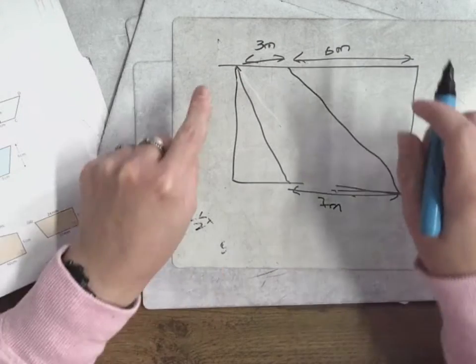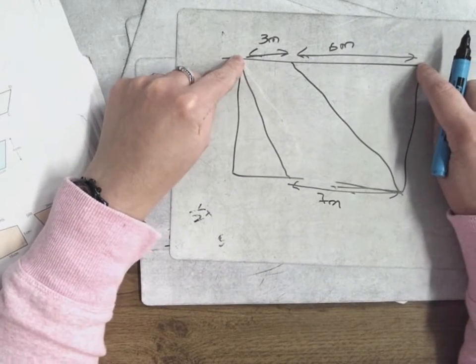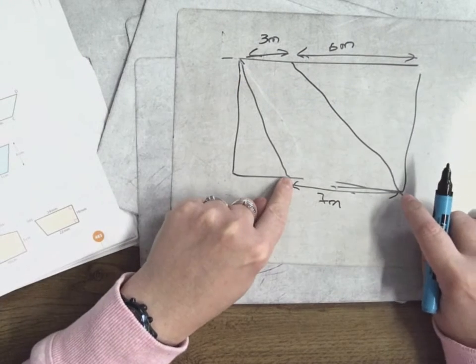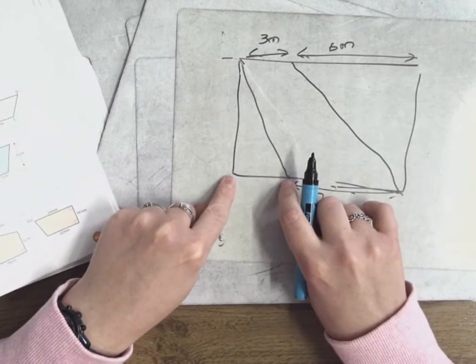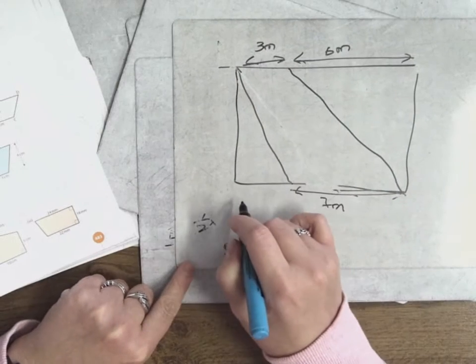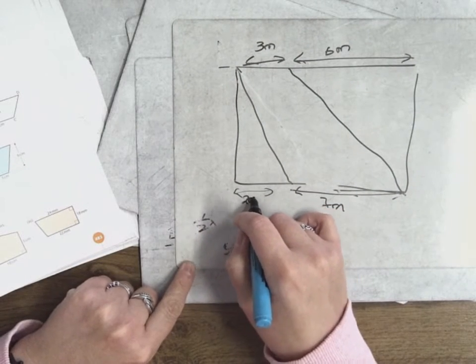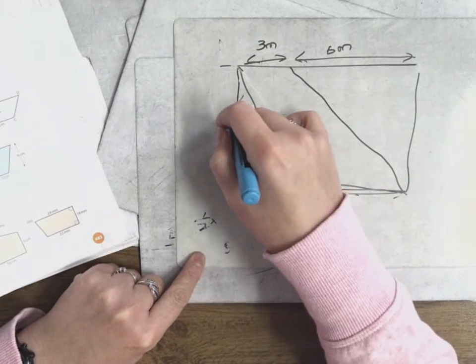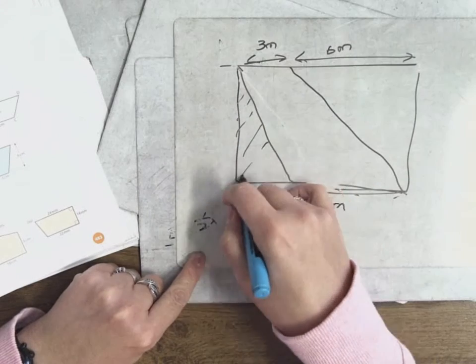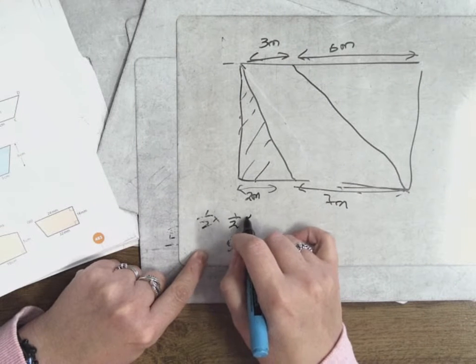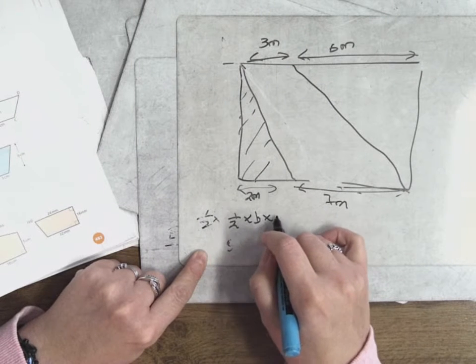So look, the whole length is 3 and 6, which makes 9. So the bit down here is 7. So what's the bit here? It's 2, isn't it? So that's where I got the 2. And then I was just looking at this triangle here. It's half the base by the height, a half multiplied by the base, multiplied by the height.